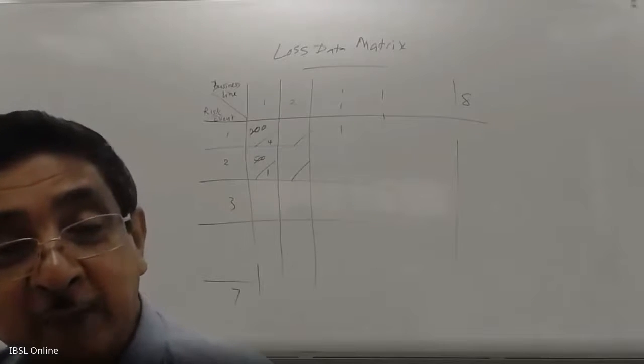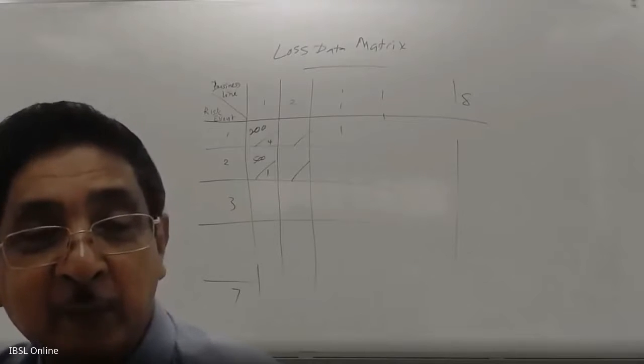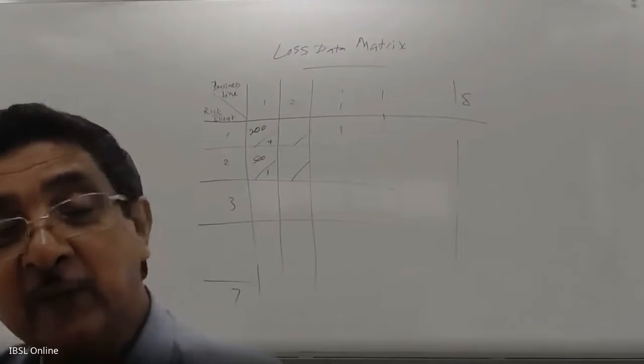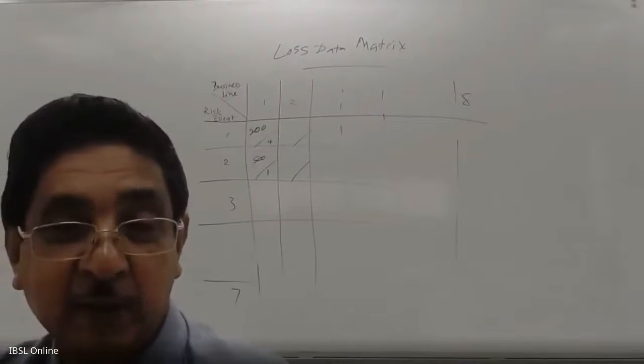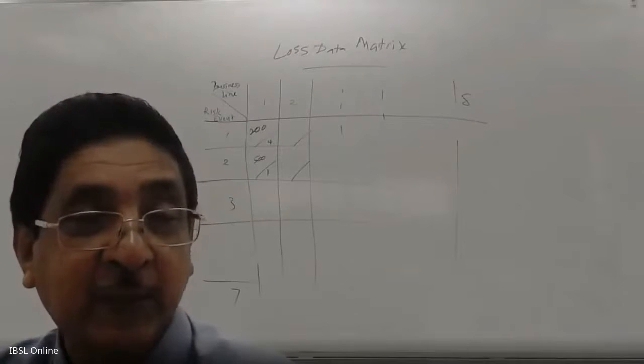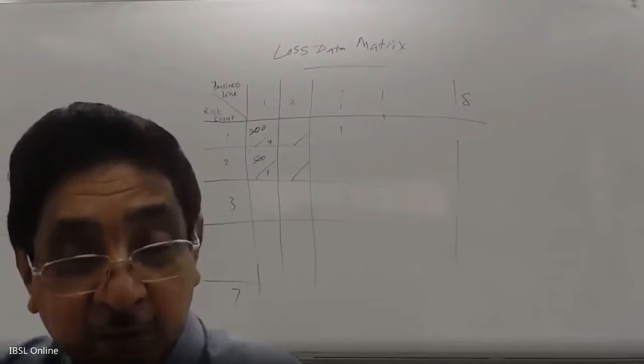How many times did it happen? 4 times. Likewise, you can take any business line and any risk type and see the impact and frequency of risk. That is the real worth of having what we call a loss data matrix.